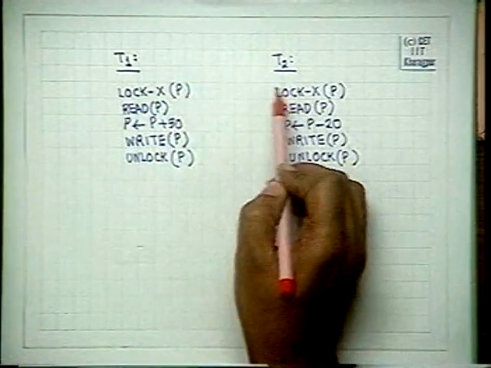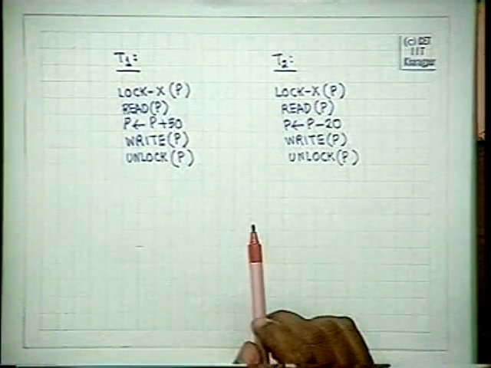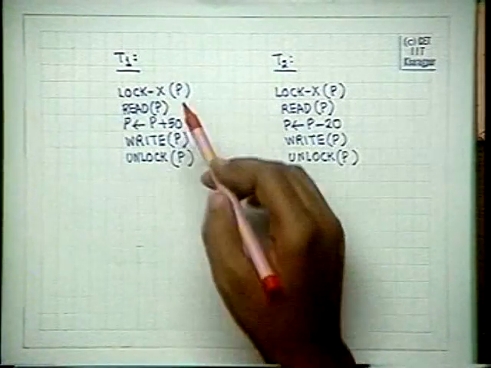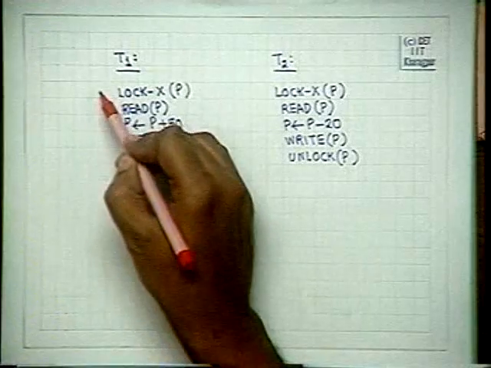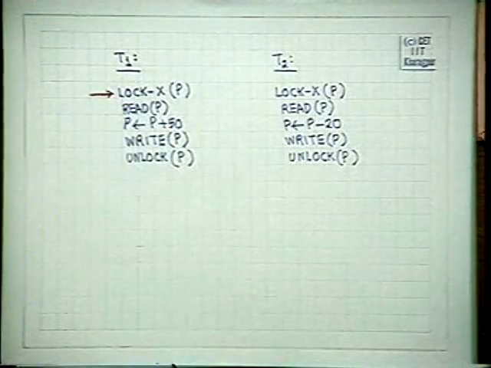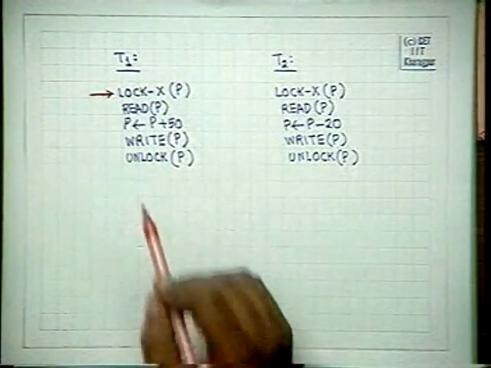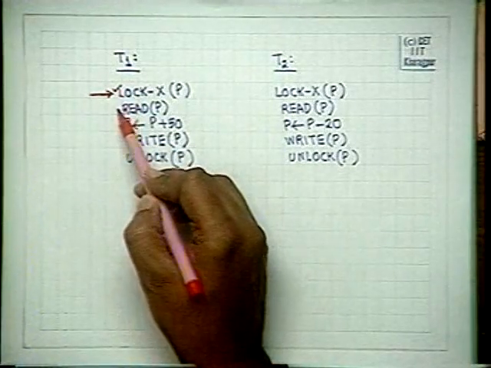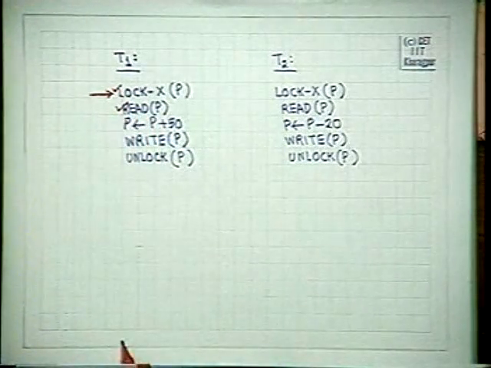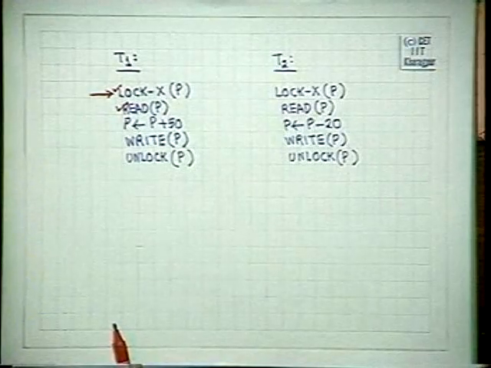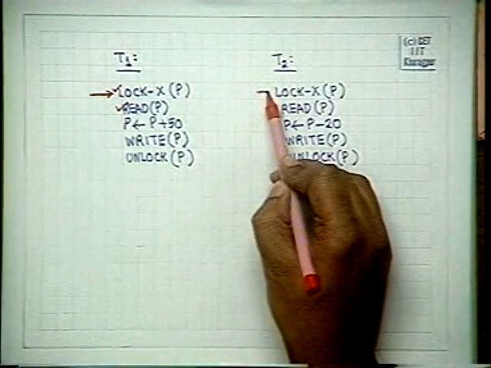Now out of these two, any one of the transactions will be executed first. Suppose this one is executed first. Then this statement is executed, this statement is executed, and the time slot is over. Then the time slot comes here.